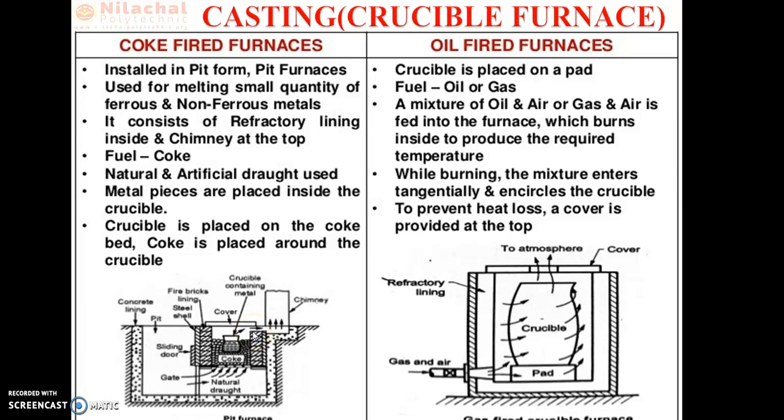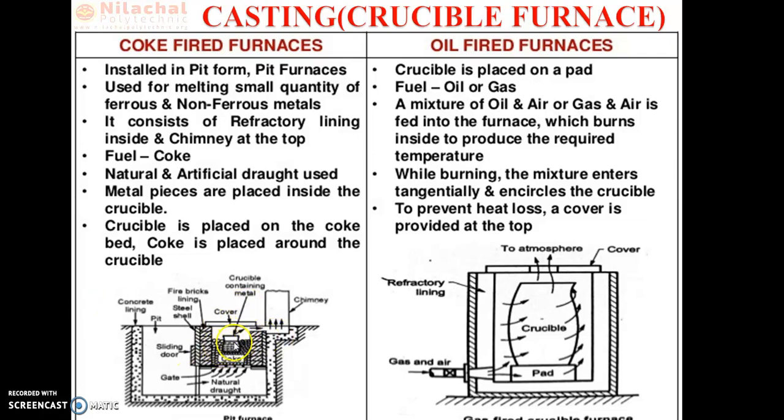As the charge melts and attains the required pouring temperature, the crucible is brought out of the furnace with the help of tongs and taken to the place of pouring.